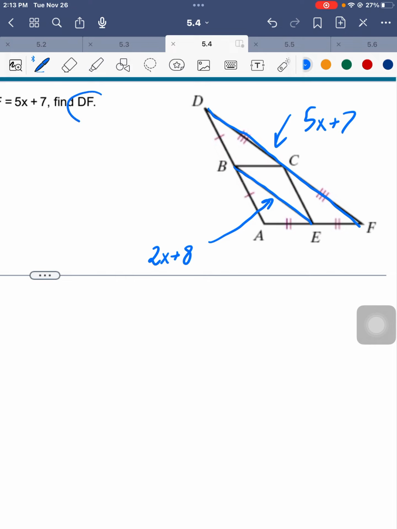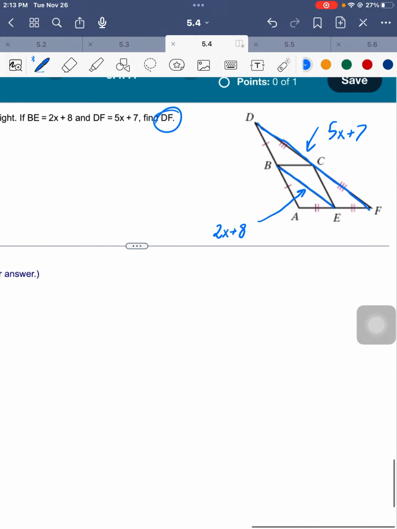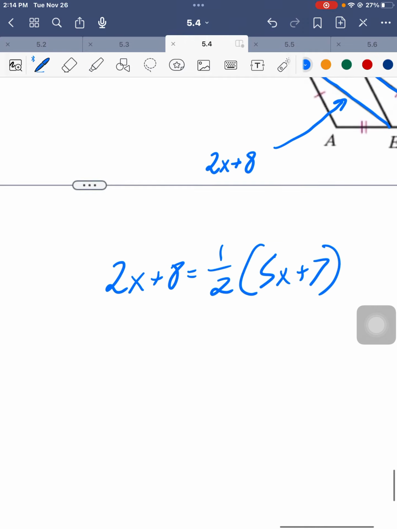So find DF. Did anything change from what I've been doing? This is half of this. You just draw it out, literally write it out. So 2x plus 8 is equal to half of 5x plus 7. That's it.